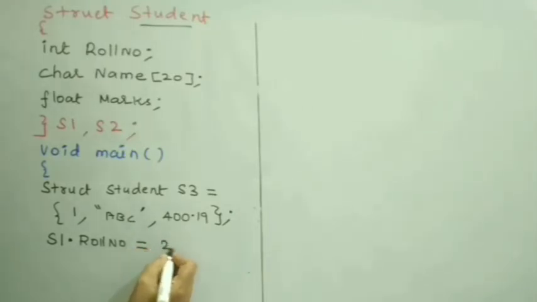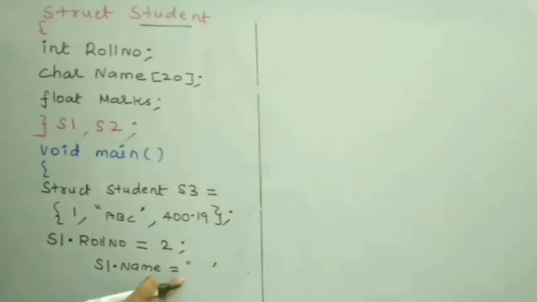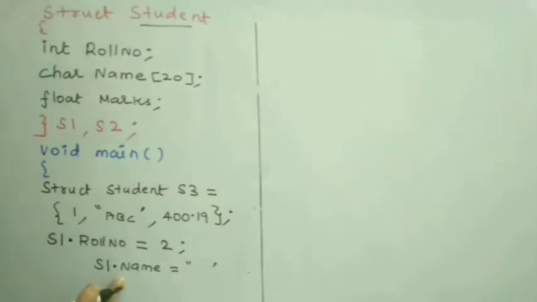The value is 2. I am assigning value 2 to the data member roll number of the structure variable S1. S1 dot name cannot be assigned with a string value during the execution time. I may assign value during the compile time itself when I am declaring the variable.